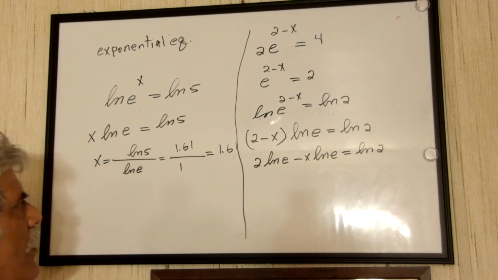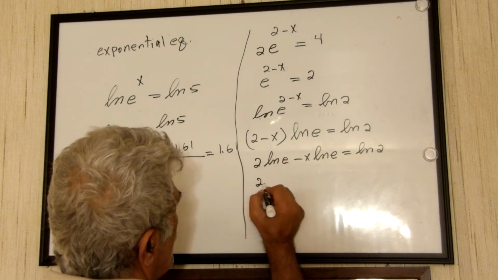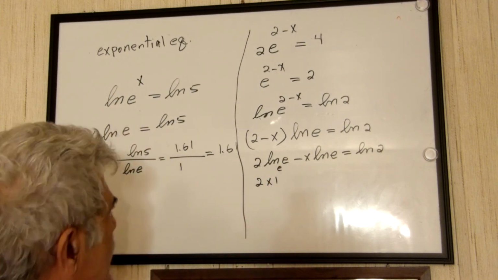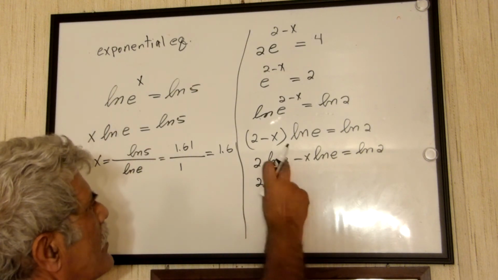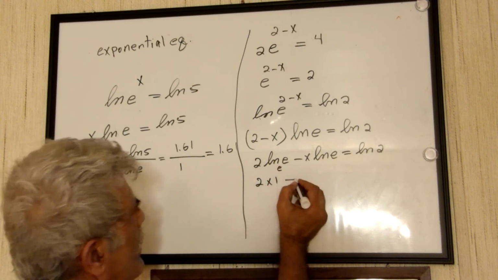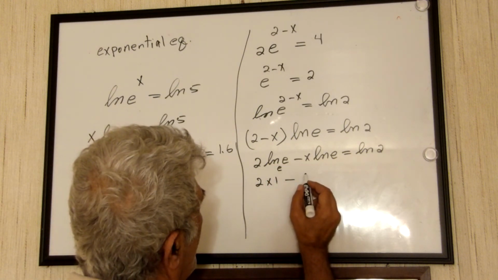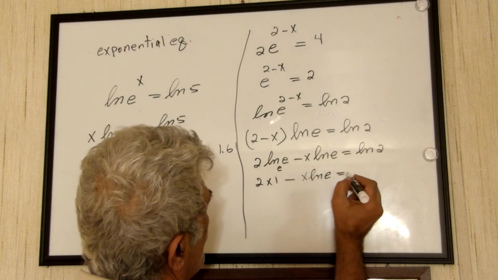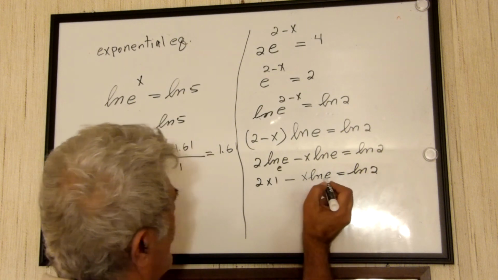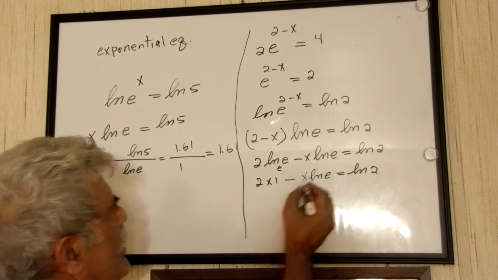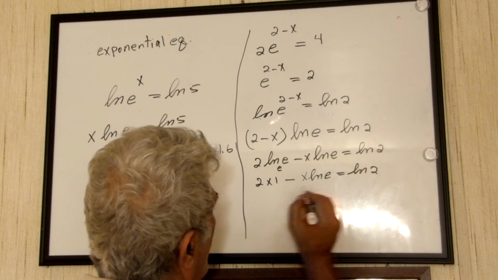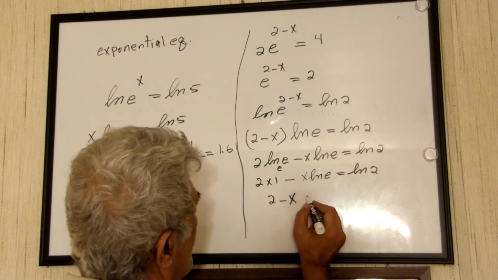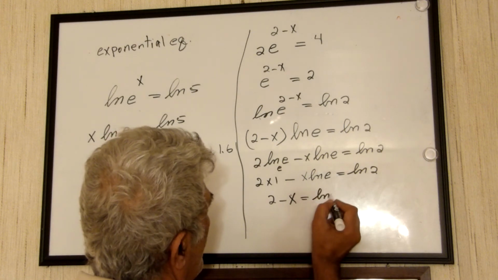So 2 ln e is 2 times 1, because ln e has base e, so e to the power of 1 is e, and this is 1. And x ln e is also going to be 1. So 2 minus 1x is equal to ln 2.